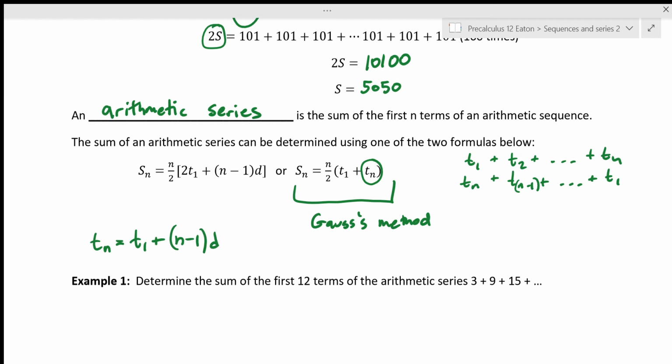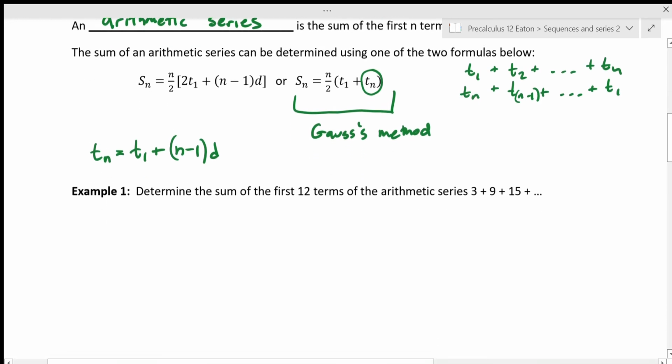And you can actually see that formula inside. We just have an extra T1 here. So if we plug our formula for Tn into that second formula, we can simplify it to get the first formula. So they actually aren't really different formulas. It's just whether or not you want to find Tn using the Tn formula or whether you want it embedded in your series formula.